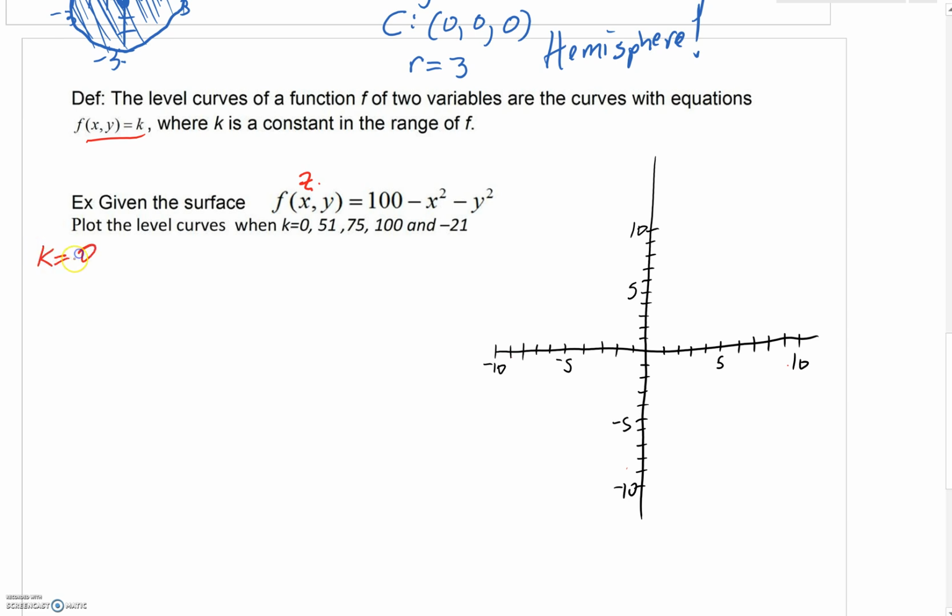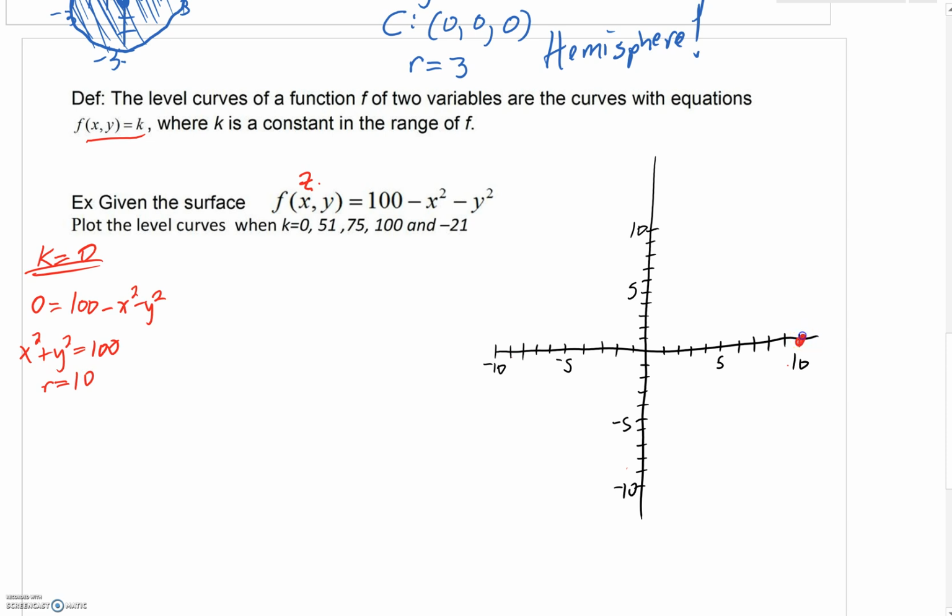What if k equals 0? Well, that's like letting z equal 0, and we'd have 0 equals 100 minus x squared minus y squared. If we add x squared and y squared over here, you could see very quickly we have a circle, and that circle would have a radius of 10.